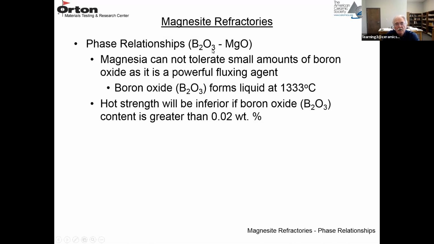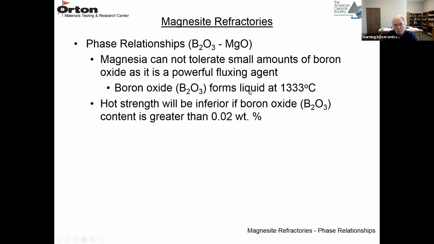B2O3 is a trace impurity that's in seawater. So we need to look at the B2O3-MgO phase diagram. MgO cannot tolerate even small amounts of boron oxide. It's a very powerful fluxing agent. It really lowers the melting temperature.